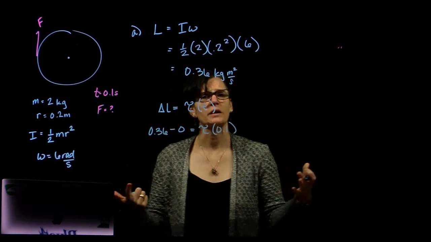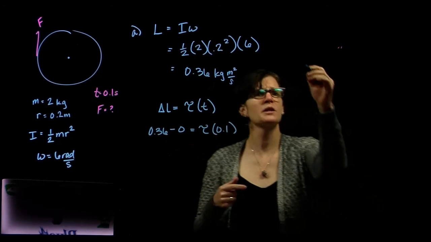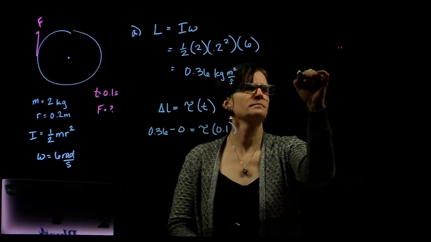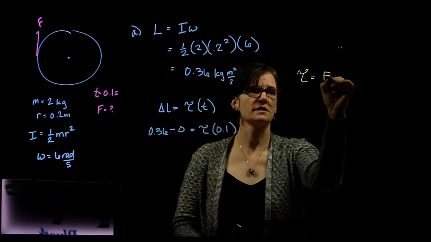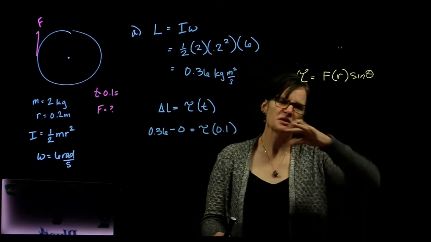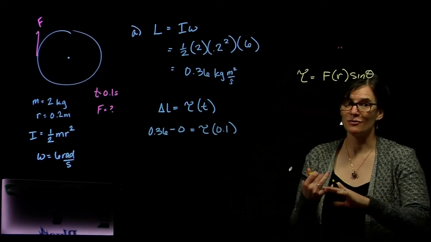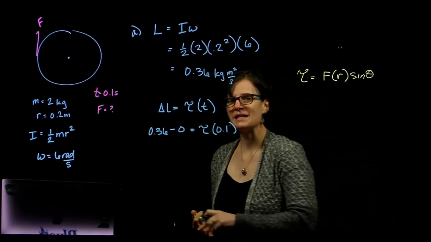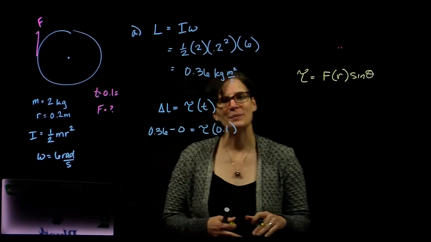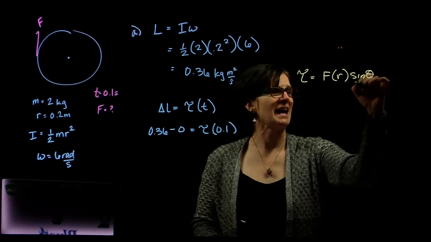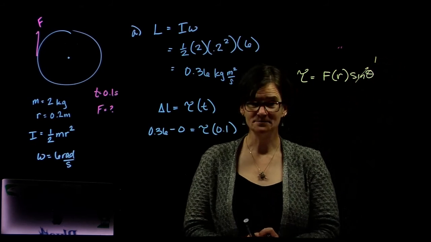So what is that torque? Well, it's applied by the force, and we know that a torque is equal to the force times the radius times the sine of the angle, right? To get an object to rotate, we care not only how large of a force we have, but where it's acting and at what angle it's acting. We said the force is acting perpendicular to the edge of that disc, so the sine of 90 degrees becomes 1.